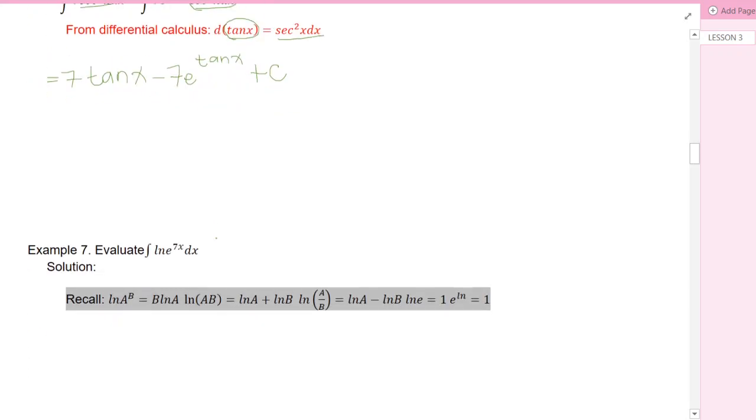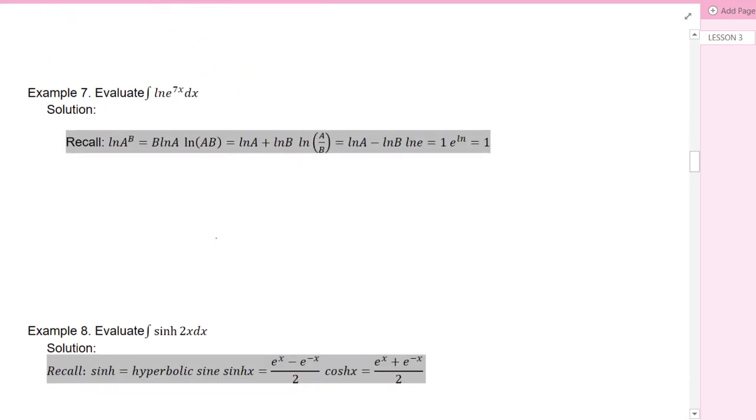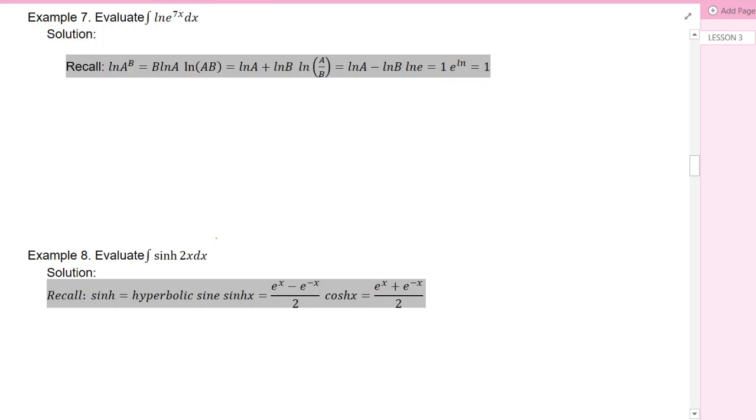Okay, let us have your example number 7. For this one, evaluate the integral of ln e raised to 7x dx. For this one, class, if we recall your algebra, ln a raised to b is also equal to b ln a. So let us rewrite this one, that is the integral of 7x ln of e dx, class.